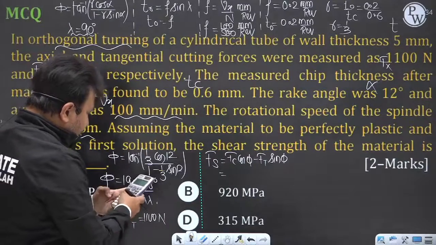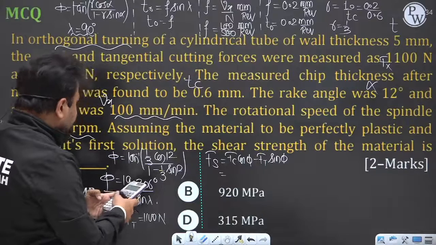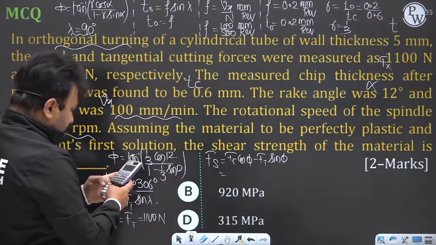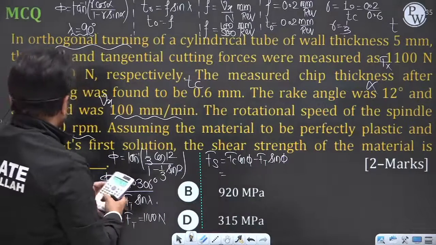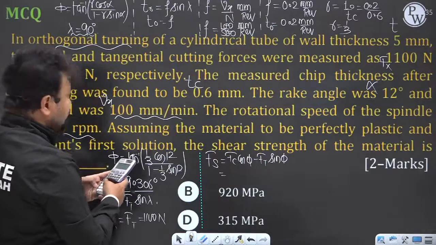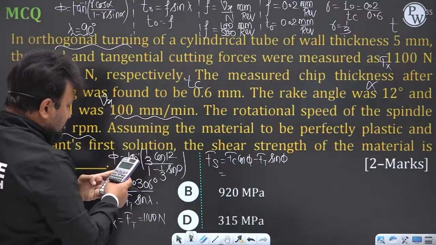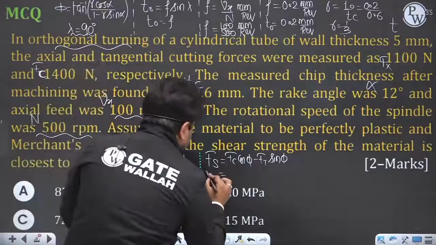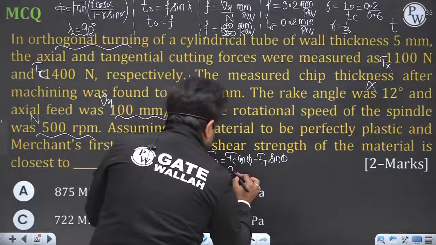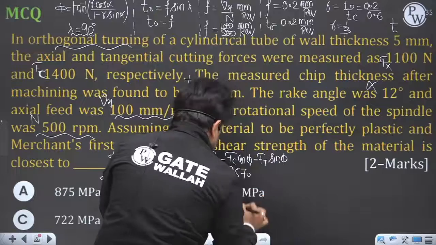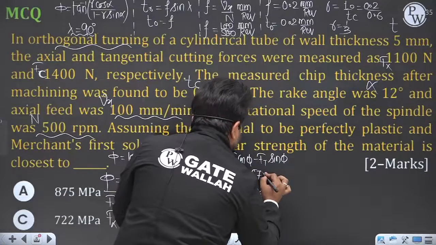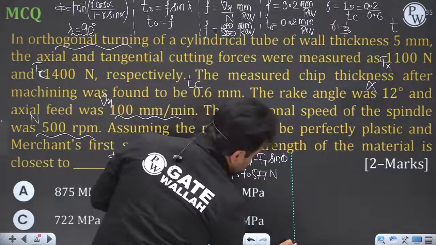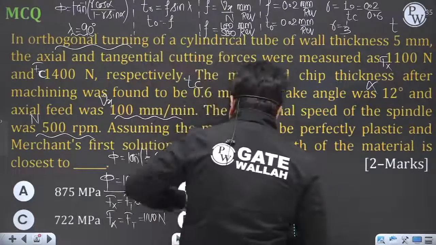Let me calculate 1400 into cos of phi, minus Ft, that is 1100 into sine of phi. So here shear force is 957.577 Newton. Right. So this is Fs.